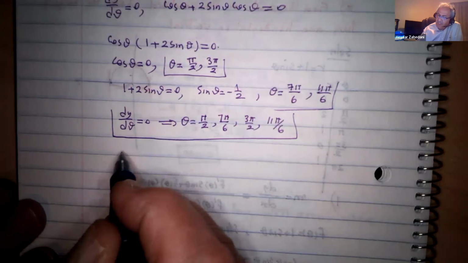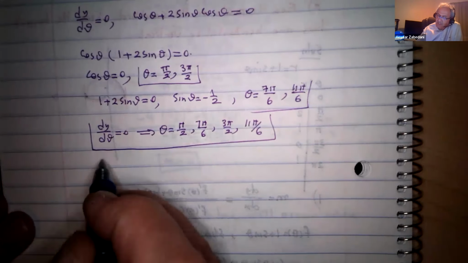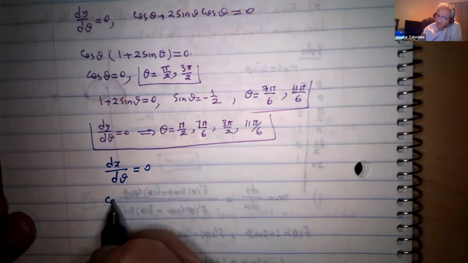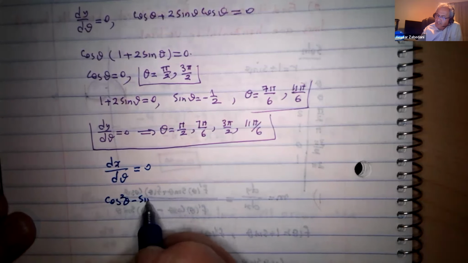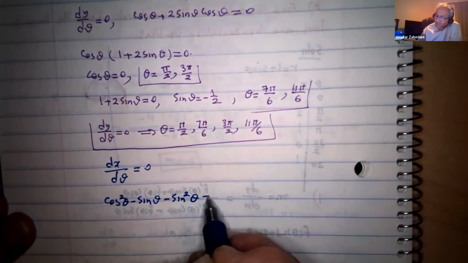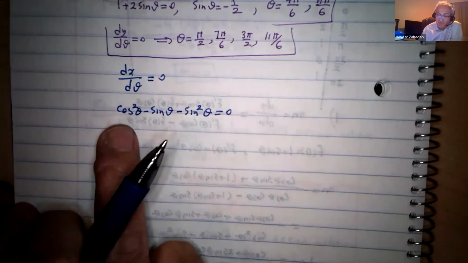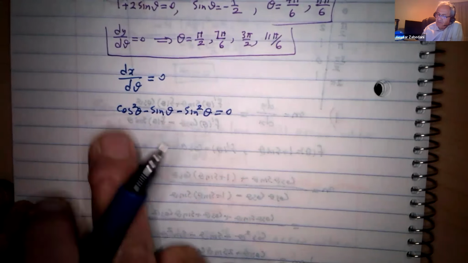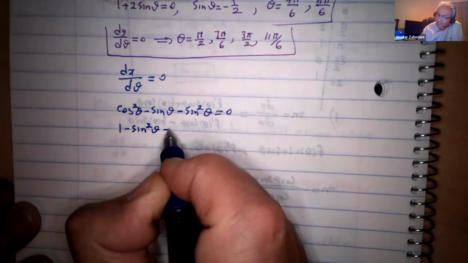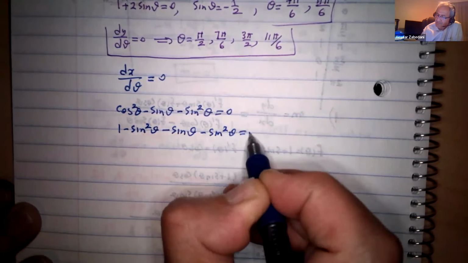That was when dy/dθ is 0. So we have to repeat it for dx/dθ. Try to solve this equation: dx/dθ equal to 0. That gives cosine squared θ minus sine squared θ minus sine θ equal to 0. It's a kind of quadratic, so we have to change everything into sine. We replace cosine squared by 1 minus sine squared θ. That gives 1 minus sine squared θ minus sine squared θ minus sine θ.